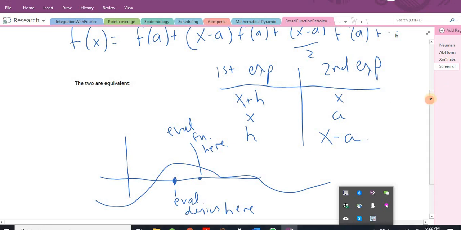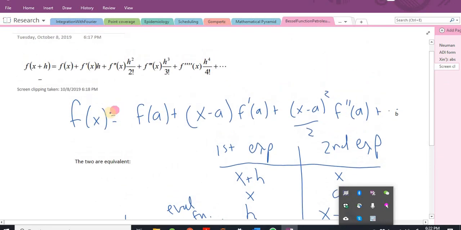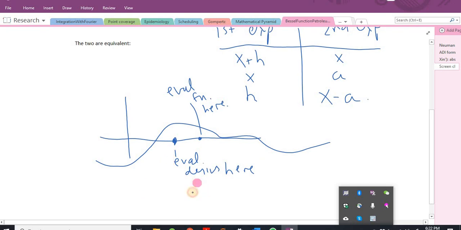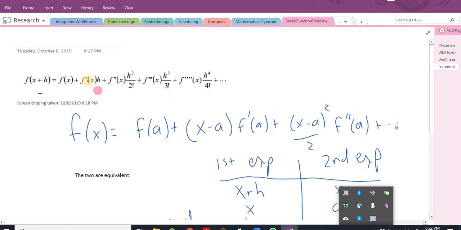Now, in the first case, the point where you're evaluating the derivatives is x. In the second case, the point where you're evaluating the derivatives is a. So I could label this as x slash a. Now this point here is where you're evaluating the function. In the first case, that's going to be x plus h, and in the second case, that's what you call x.